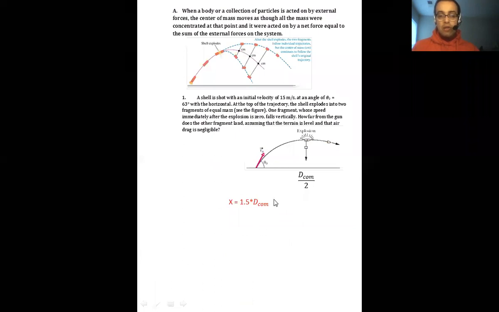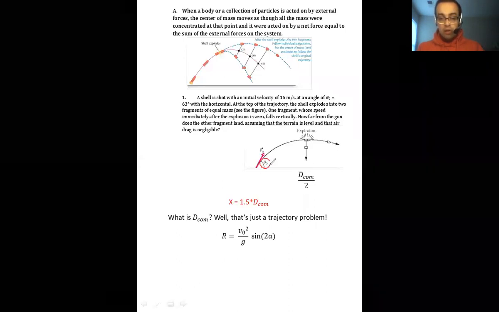So we know this, that x is equal to 1.5 times dCOM. And what is dCOM? Well, that's just a trajectory problem. We're just going to handle this as though the center of mass was moving in a standard parabolic arc. And for that, we already have our range equation. This should be a blast from the past, where range r is equal to v0 squared over g times sine of 2 alpha, where alpha is the launch angle.